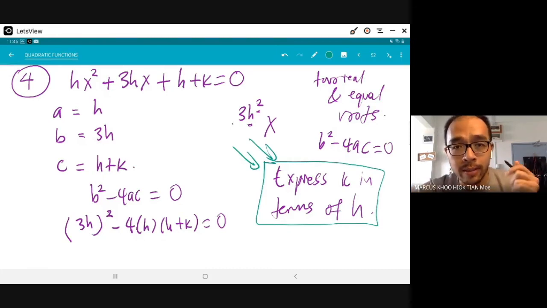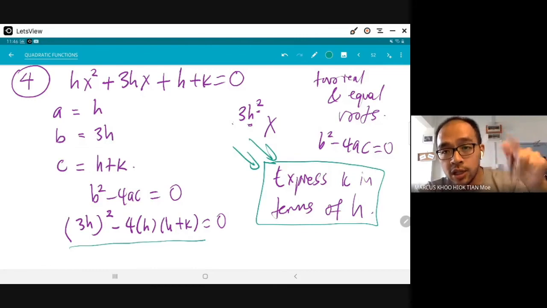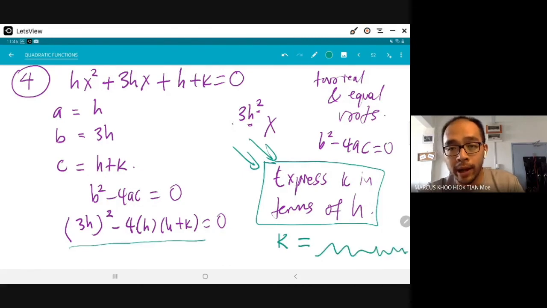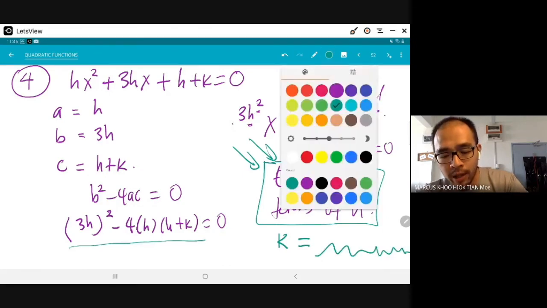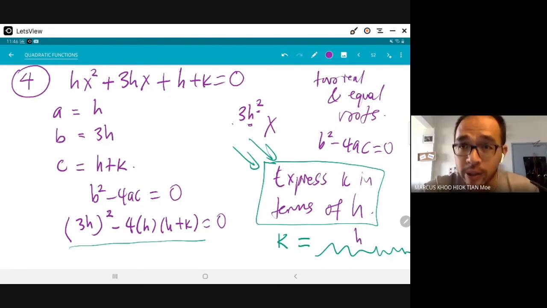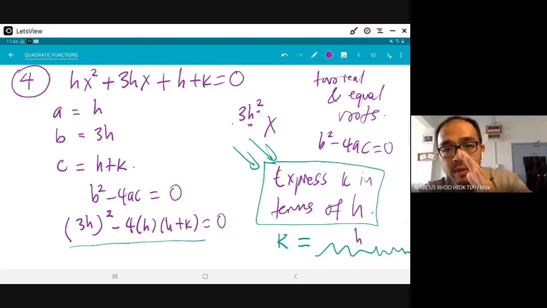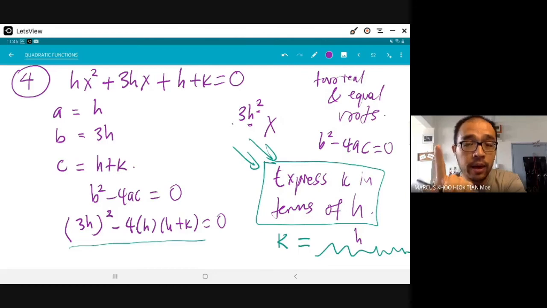Express k in terms of h means your final answer, you do this, and then I want you to change, so that you get k equals to blah blah blah, and then inside the blah blah there is the letter h. Somehow there is the letter h. That's what it means. Express k in terms of h. That means k on the left side, h on the right side.